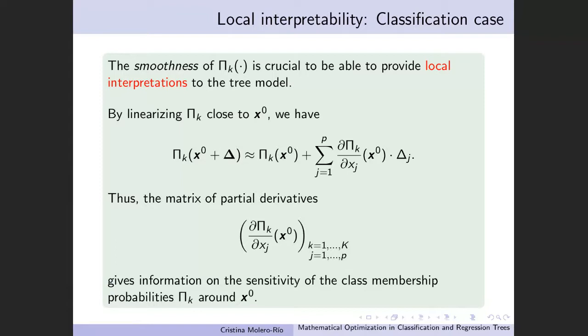So the matrix of the partial derivatives, the coefficients on here, give information on the sensitivity of the class membership around x0. So what this means is that for any individual, we could perform a full sensitivity analysis to study the impact that each continuous predictor variable has on the probability of class membership.